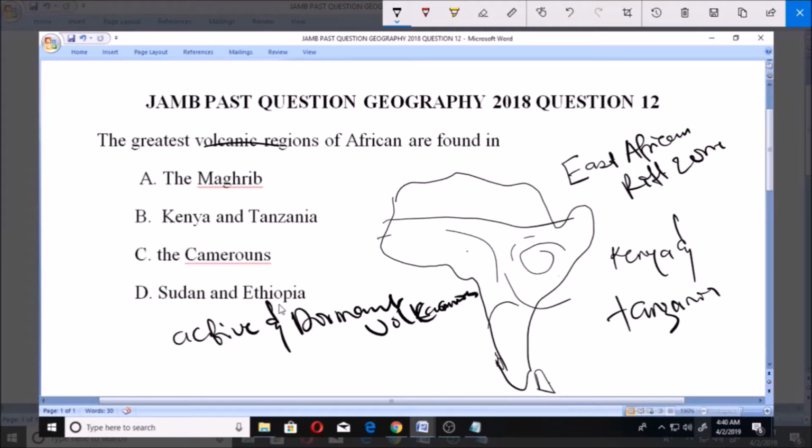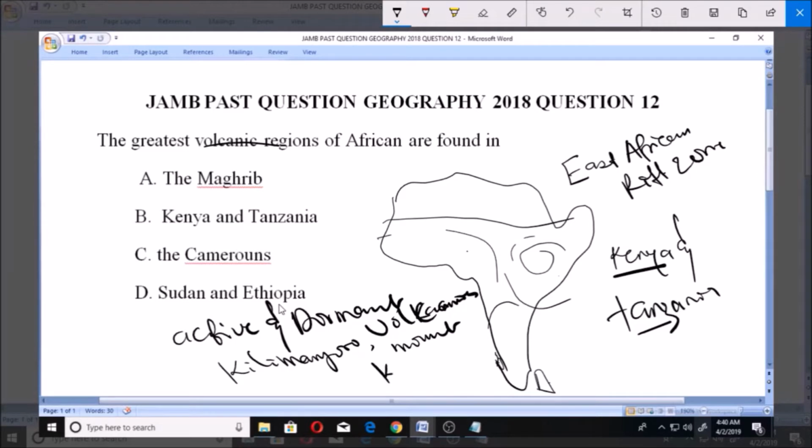It's mainly in regions of Kenya and Tanzania. Some of these volcanoes include mountains like Kilimanjaro. We have Mount Kenya.